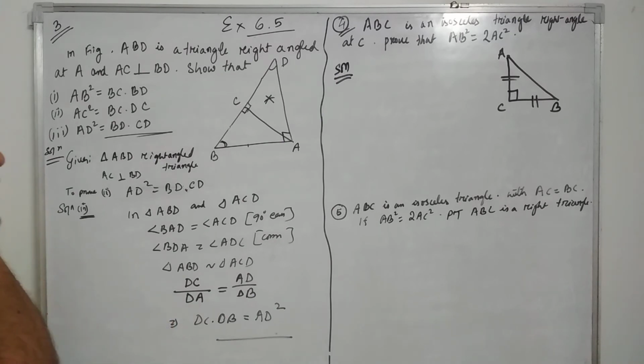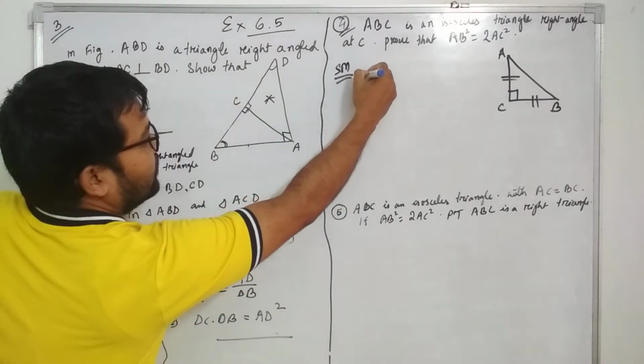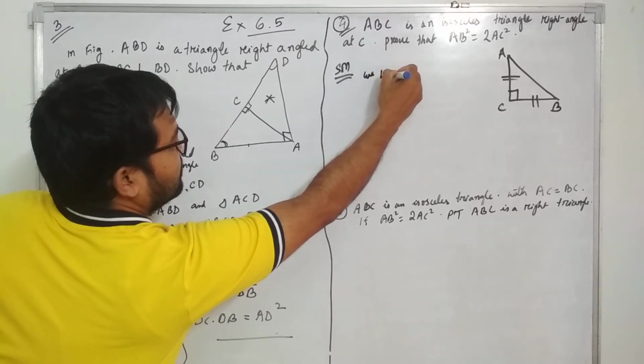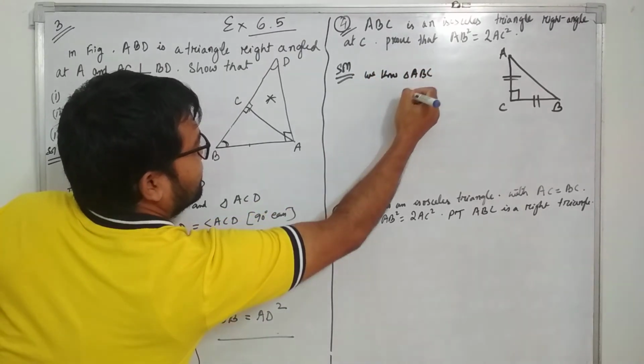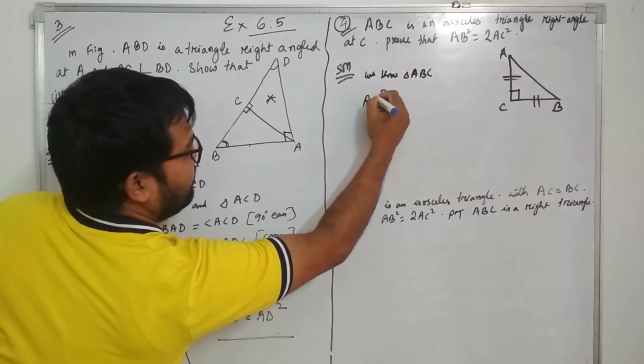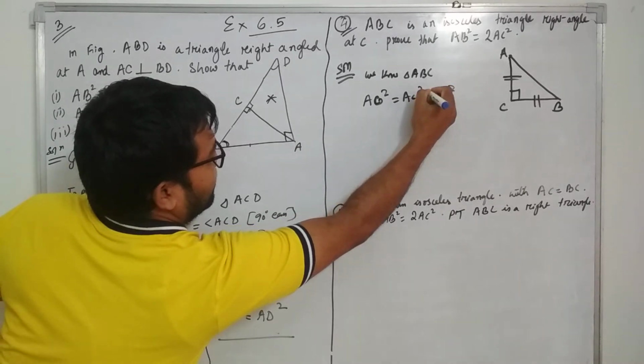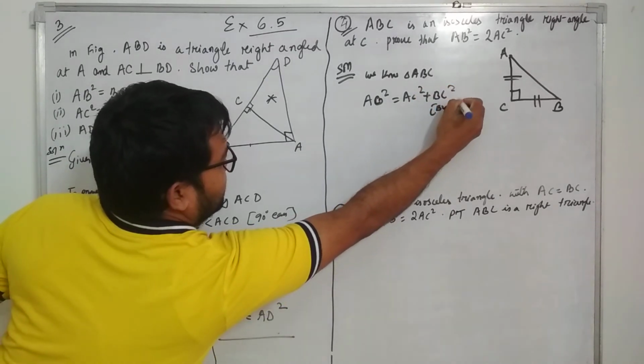Solution. Now we will see. We need to prove AB square equal to twice AC square. We know in triangle ABC, AB square equal to AC square plus BC square by Pythagoras.